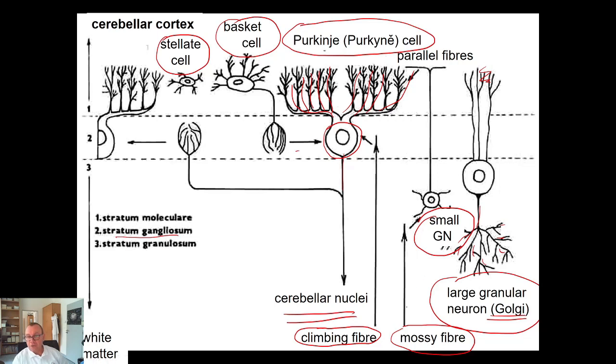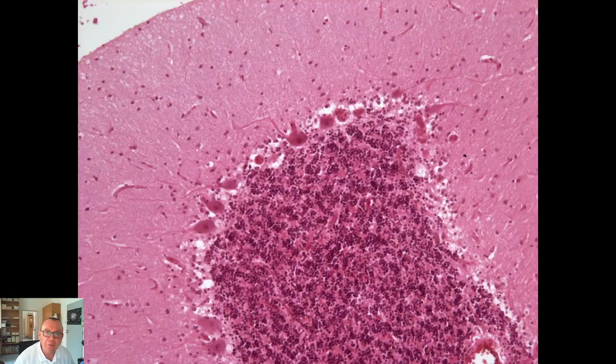Mossy fibers are shorter, they go only to the granular layer and form synapses with, of course, dendrites of small granular neurons. So you can see the very complex connection of all components of the cerebellar cortex and also the white matter of the cerebellum. And now let's look at several pictures.